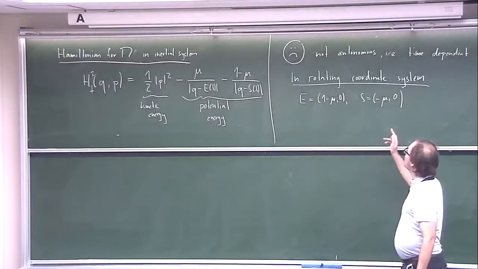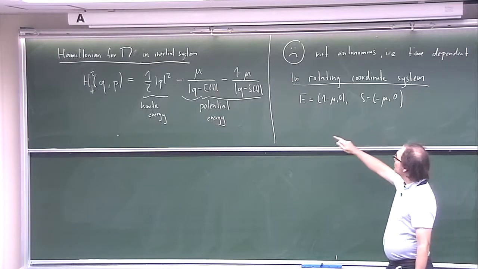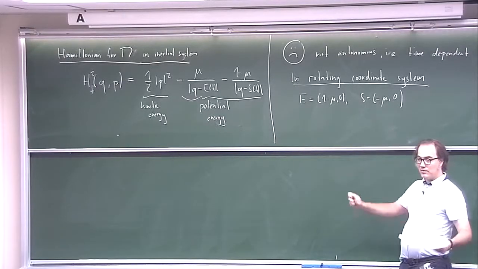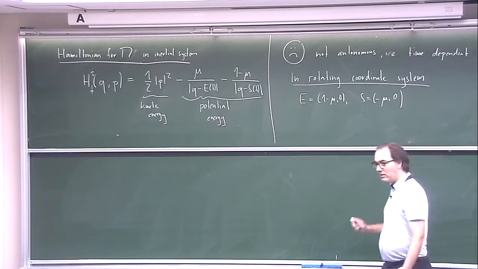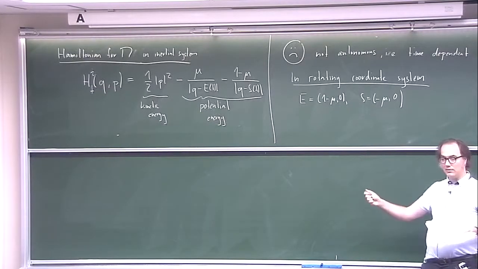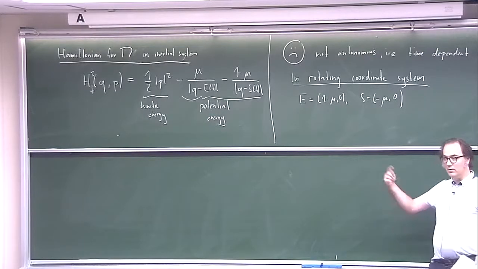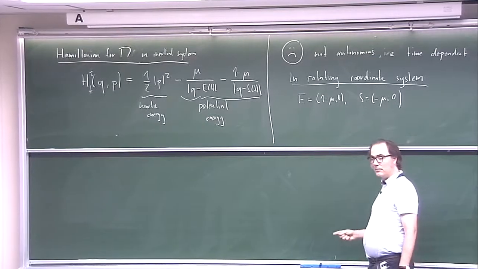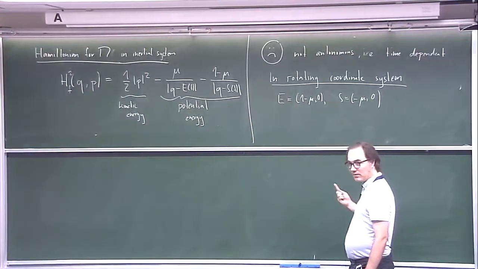But to change from the inertial system to the rotating coordinate system, we have to do a time-dependent coordinate change. And the generator of the rotation is angular momentum. So the Hamiltonian flow of angular momentum gives us the rotation.